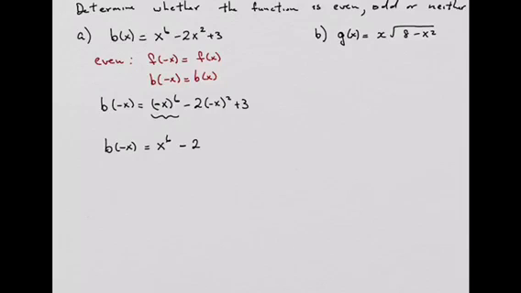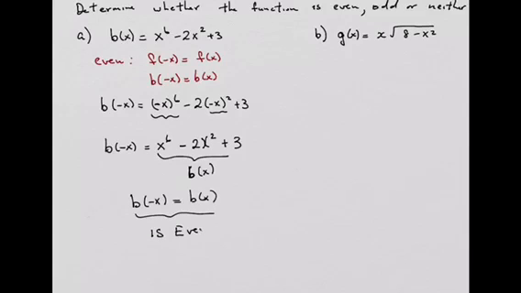Minus 2, and likewise over here, this becomes x to the 2nd power plus 3. So now this is exactly the same as our b of x. So b of minus x does give us b of x, so this implies that the function is even.